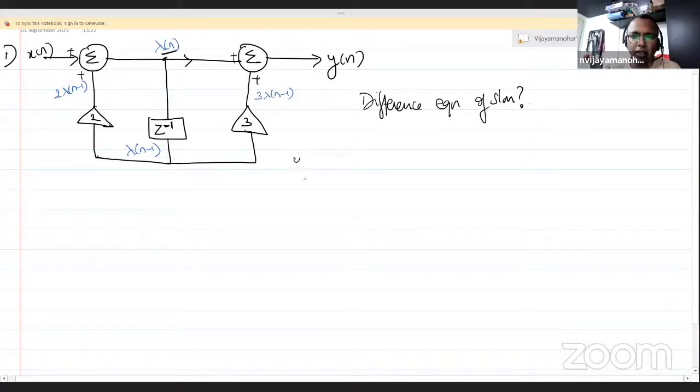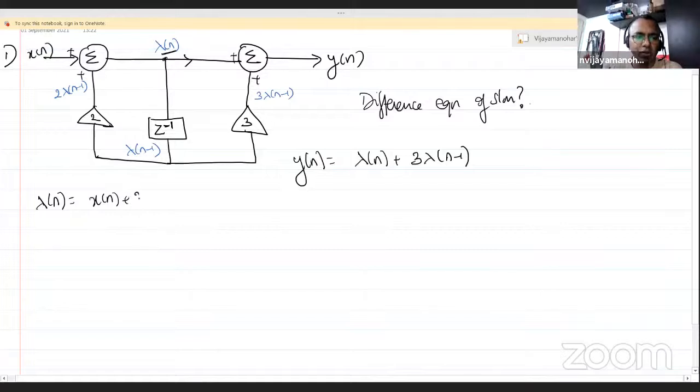So now I'm going to write the equation for y of n. So y of n is lambda of n plus 3 lambda of n minus 1, and my lambda of n is x of n plus 2 lambda of n minus 1. So I'm going to take z transform on both sides.